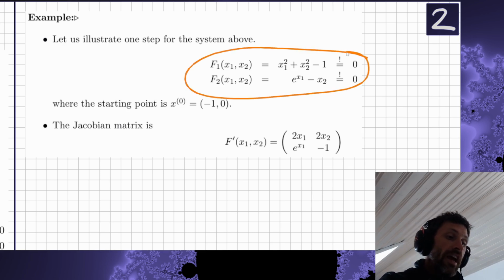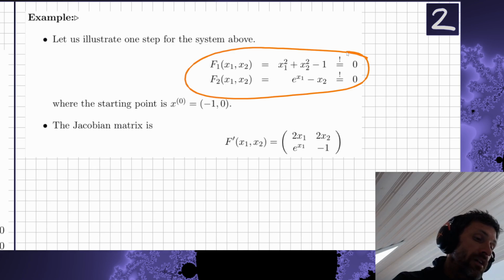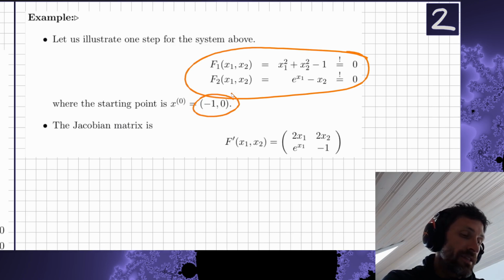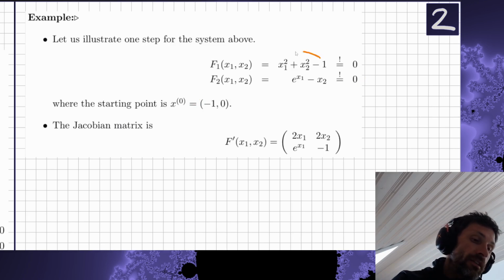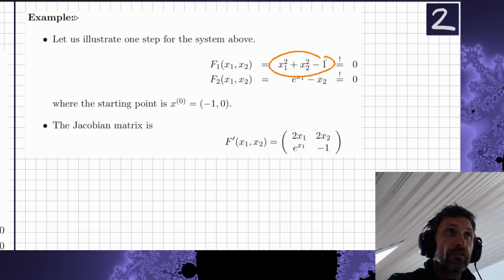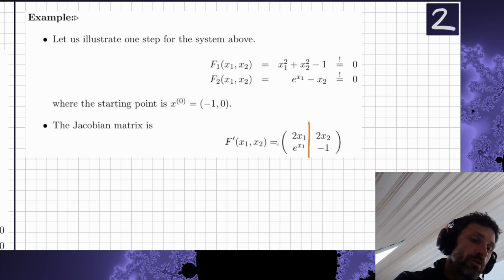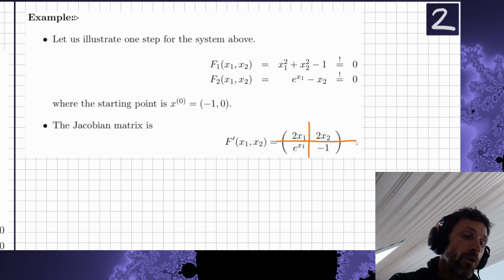If this is our f and we have some starting point, somebody has to provide this starting point. Okay, -1, 0 it is. The Jacobian: the derivative with respect to x1 is 2 times x1 plus 0 minus 0, so only 2 times x1.